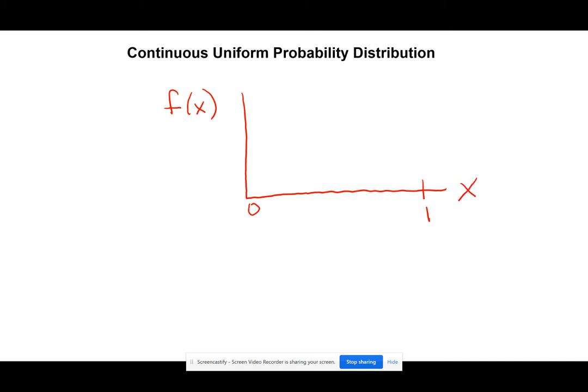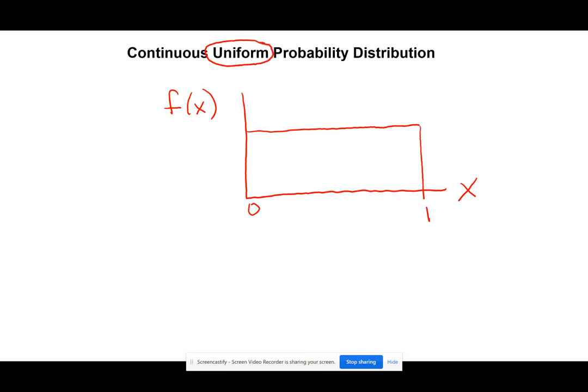And if we were using a fair random number generator, every single number between zero and one would have an equal chance of occurring. And so this would be a straight horizontal line going from zero to one, and that would be our distribution. And because all of these probabilities are the same, that's where the uniform distribution comes in.